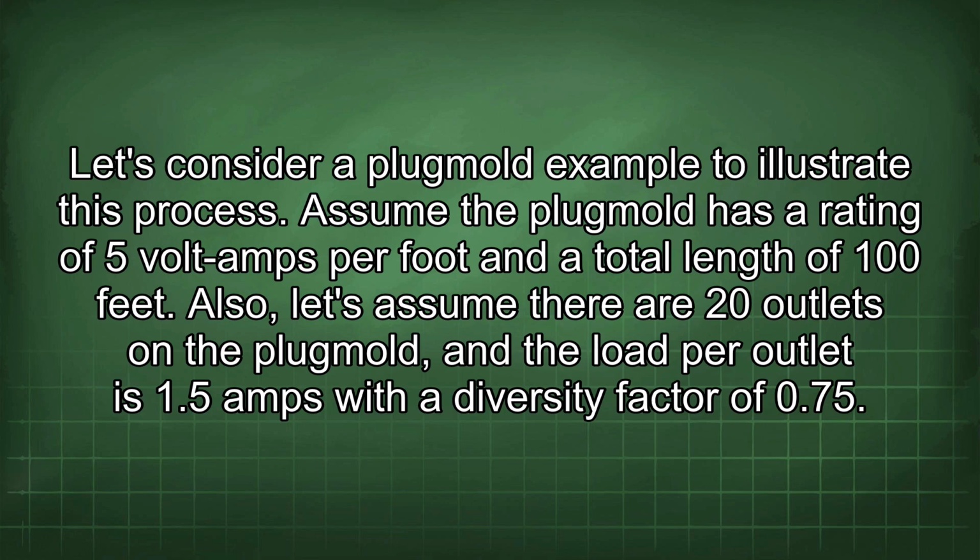Let's consider a Plugmold example to illustrate this process. Assume the Plugmold has a rating of 5 volt-amps per foot and a total length of 100 feet. Also, let's assume there are 20 outlets on the Plugmold, and the load per outlet is 1.5 amps with a diversity factor of 0.75.